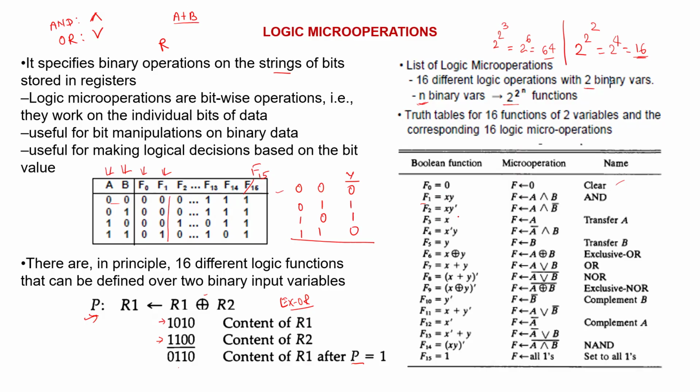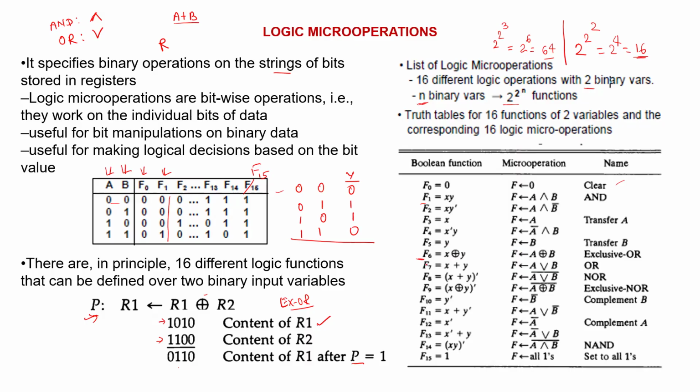Similarly, F2 is going to perform the AND operation of A with B complement. And F3, the same contents of A are being transferred. On F4, you have the AND operation with A complement and B. F5, again contents of B are transferred.